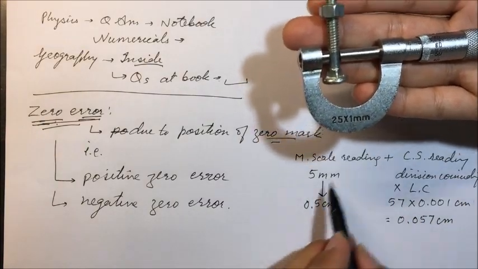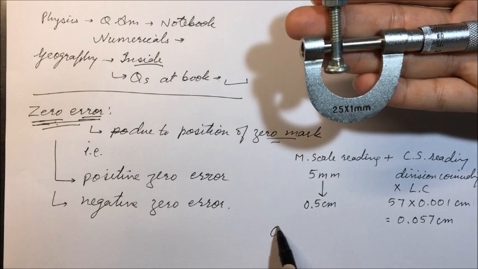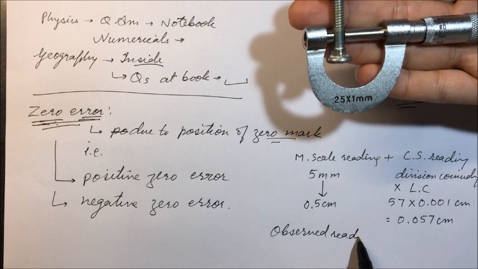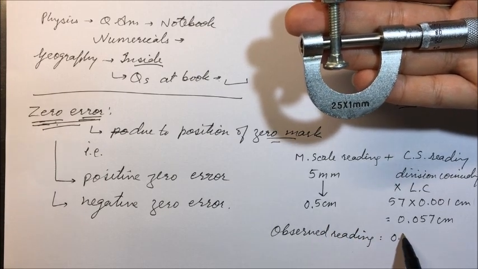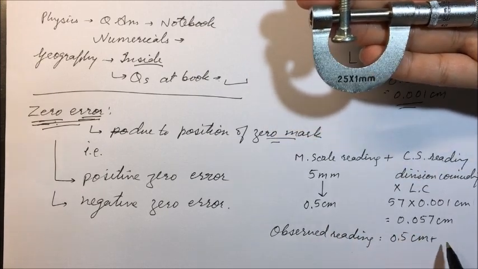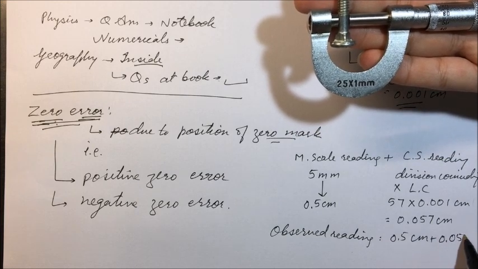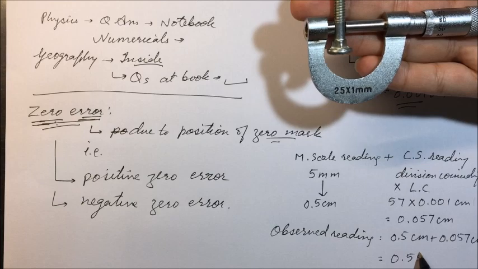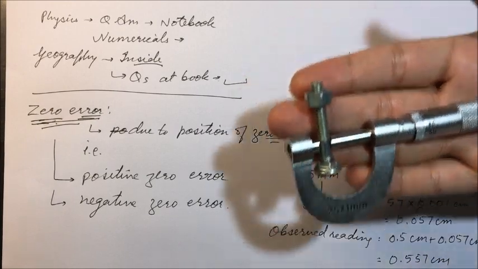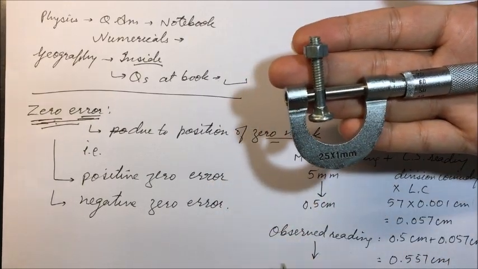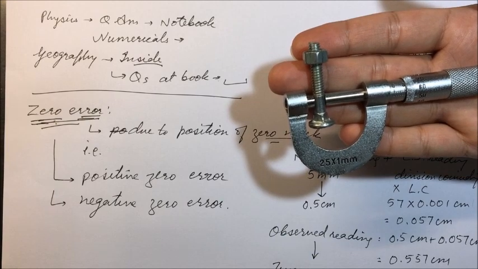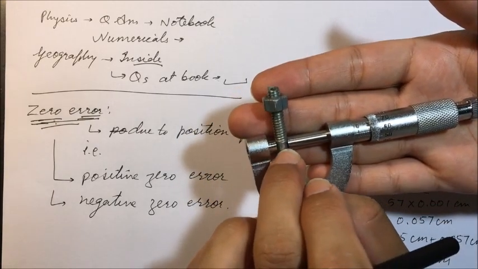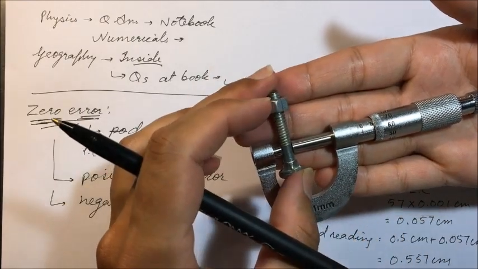So our observed reading is 0.5 centimeter plus 0.057 centimeter, which is 0.557 centimeter. And this observed reading is the true reading, the true measurement of the diameter of this screw.